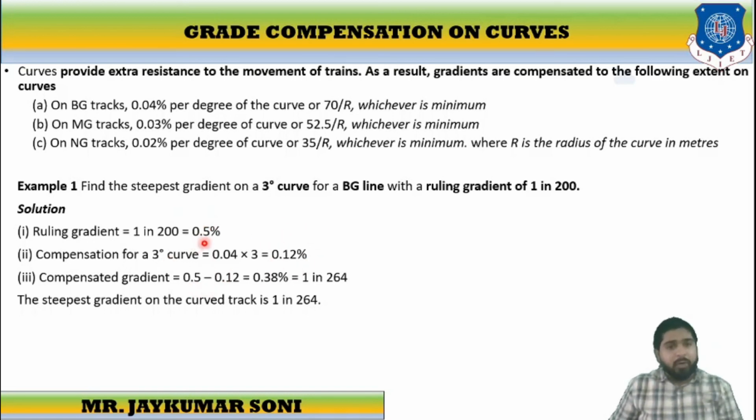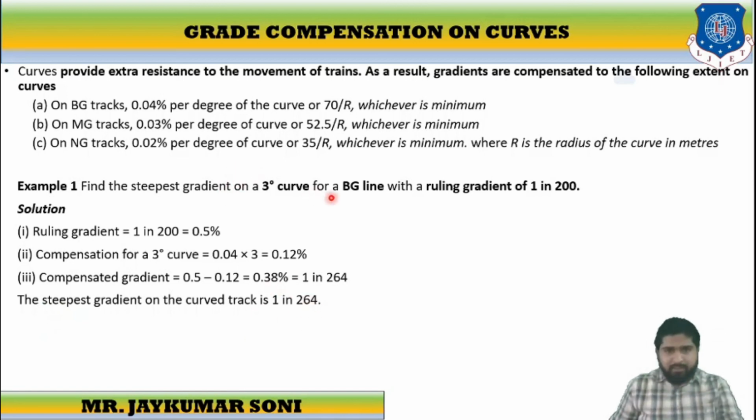So it will be 0.5 minus 0.12, which is 0.38 percent. And if you want to convert this to the form of 1 in horizontal to vertical, it will be 1 in 264. So the steepest gradient that we can provide on that particular curve is 1 in 264.